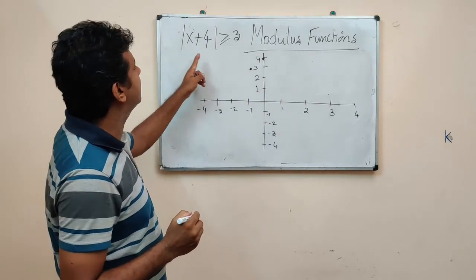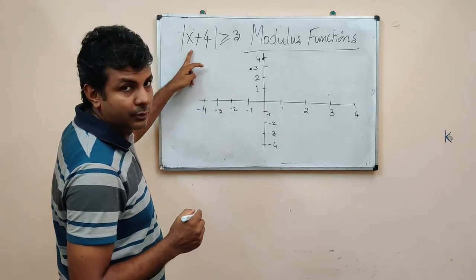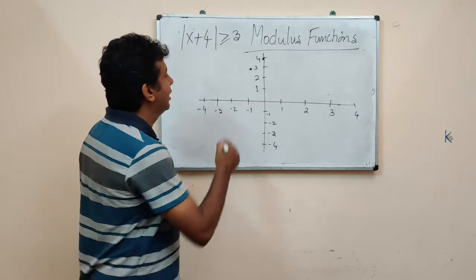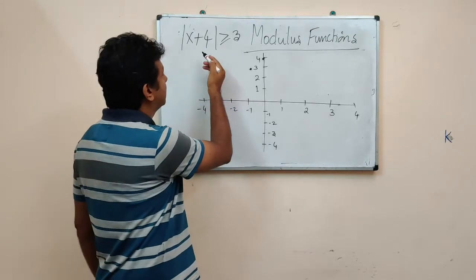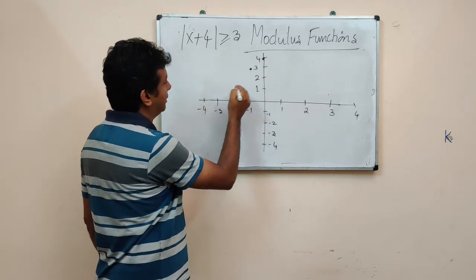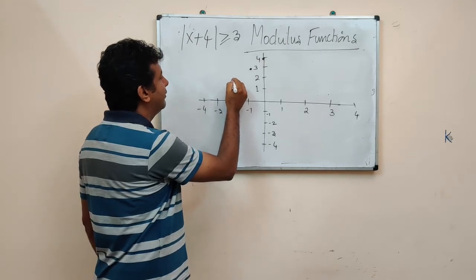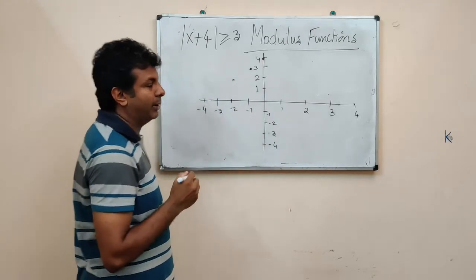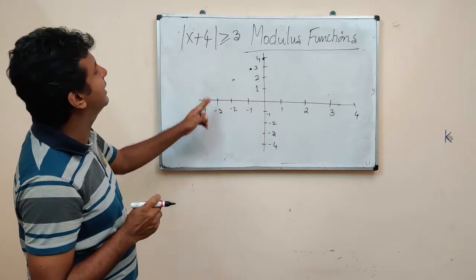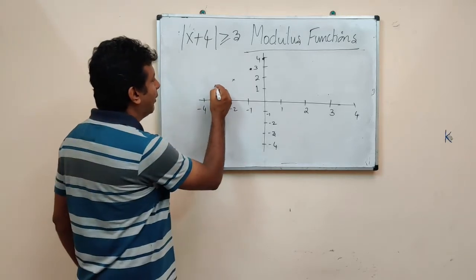Now, x equal to minus 2 means the value is minus 2 plus 4, which is 2, and... when you put a mod, it stays plus 2. Now, if I put the value as minus 3, then it becomes plus 1.